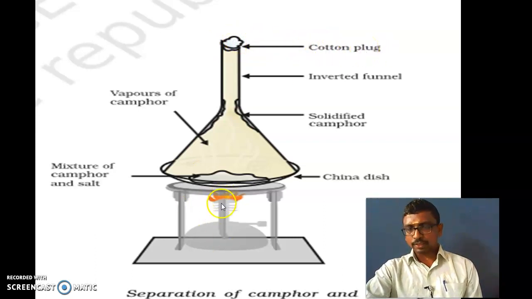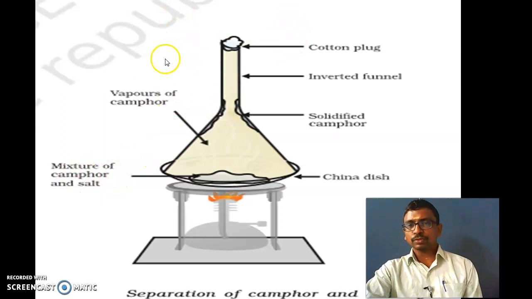When we heat, what will happen? The camphor is a volatile component, so it will change to gaseous state. If we left the cotton plug open while heating, the camphor would go out.